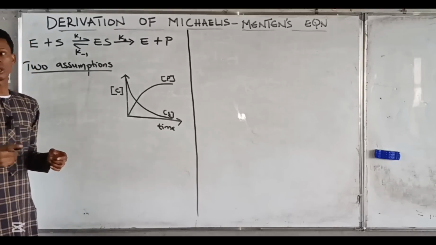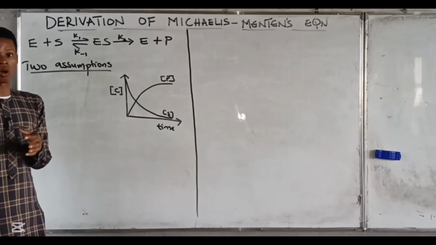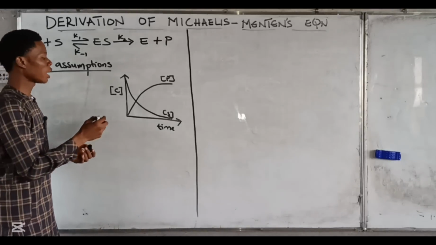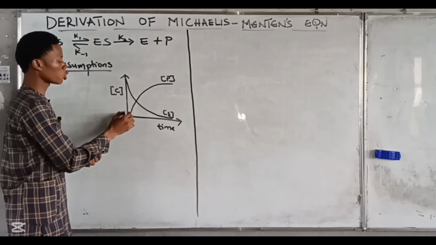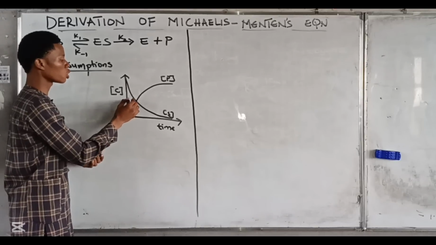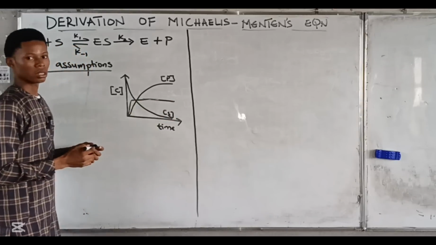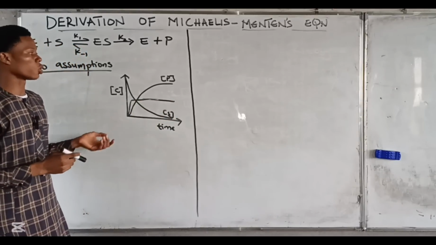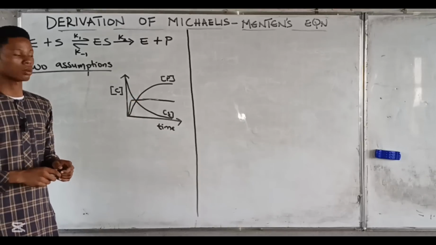But you agree with me that if substrate binds to enzyme, we have enzyme substrate complex, right? Now, at the beginning of the reaction, the concentration of enzyme substrate complex will be increasing until it becomes steady. That increase in substrate concentration will no longer increase the enzyme substrate complex.